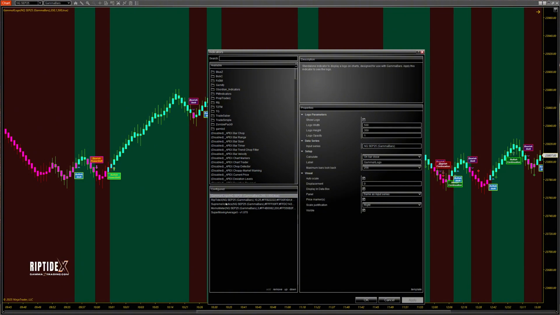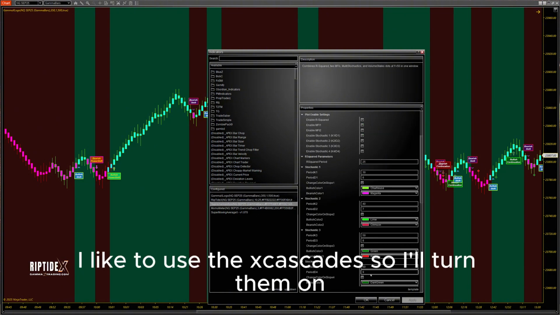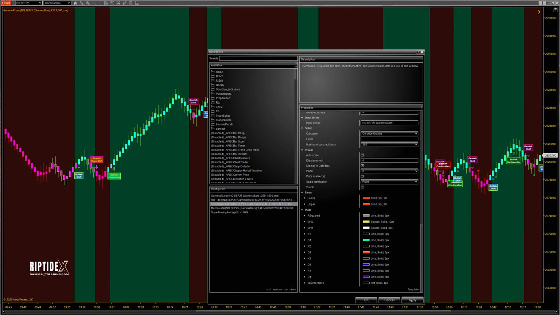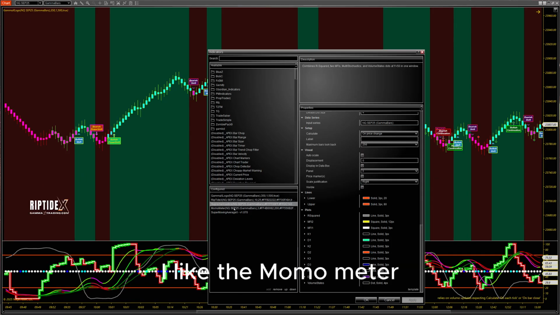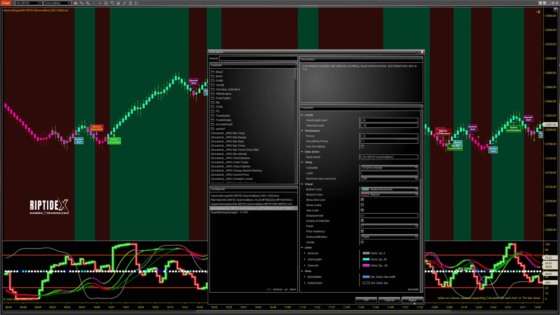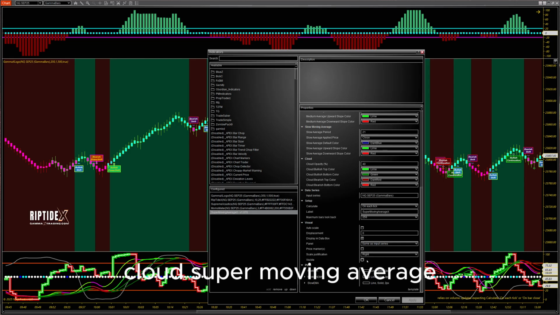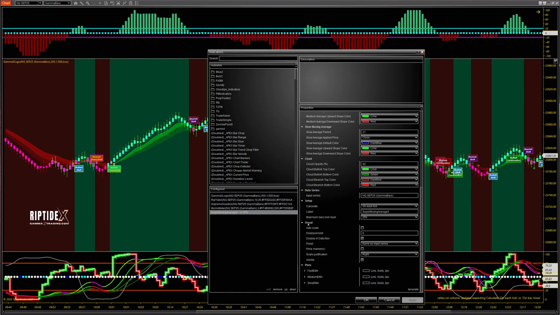I like to use the XCastics, so I'll turn them on. I like the MomoMeter, and I like the Moving Average Cloud, Super Moving Average.